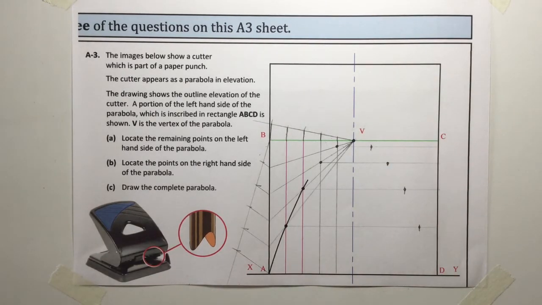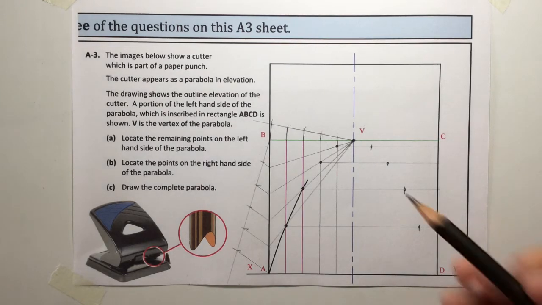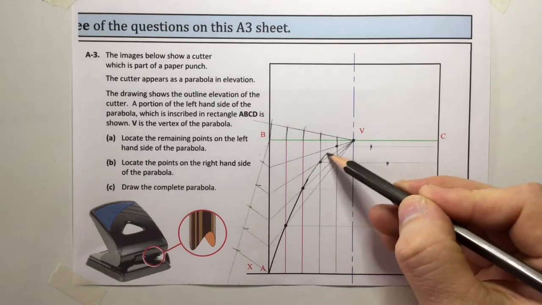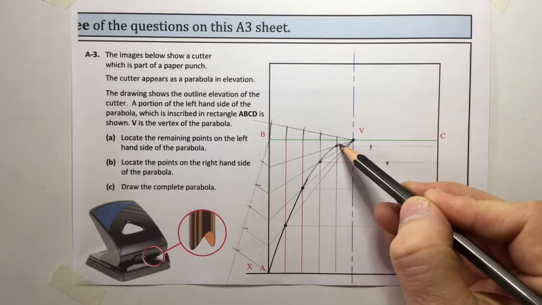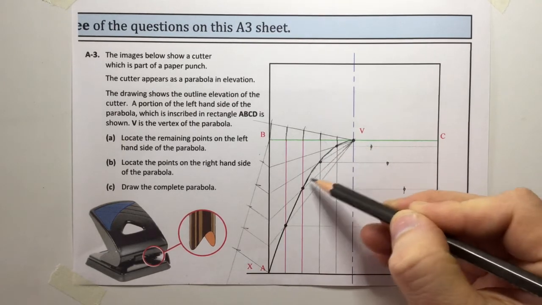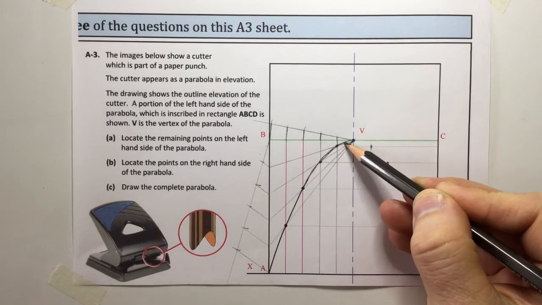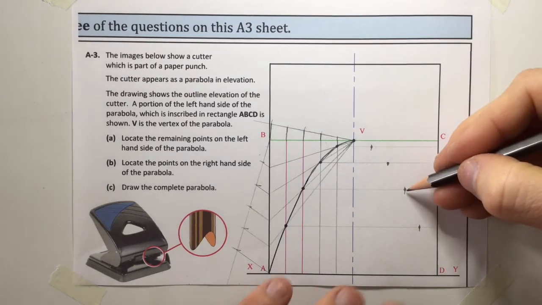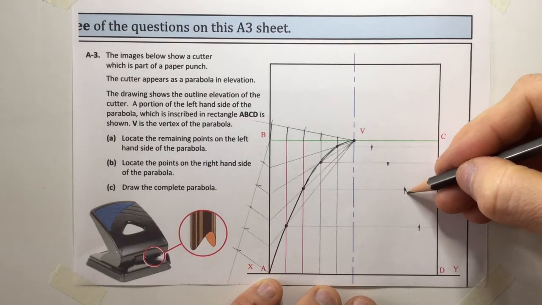So part C then, it says, is to draw the actual parabola or complete it. So basically now I can just draw the actual parabola then. Now with a parabola, it should be, as best as possible, it always should be a curve. Okay, you should never really have any type of straight lines there. So I'm going to repeat that here on this side as well.